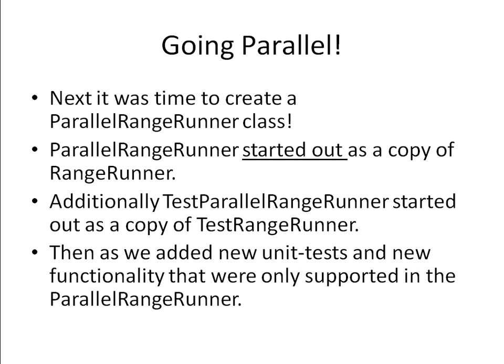Moving forward, going parallel. Next, it was time to create a class called Parallel Range Runner. So Parallel Range Runner started out as a copy of the Range Runner class, right? Then I add some tests. And you may ask yourself, and this is a good question, how do you test parallel code?